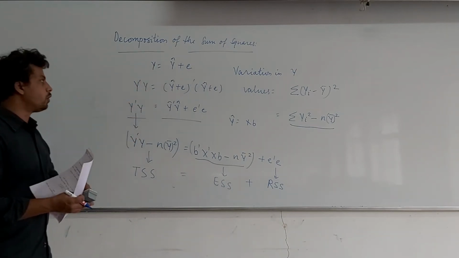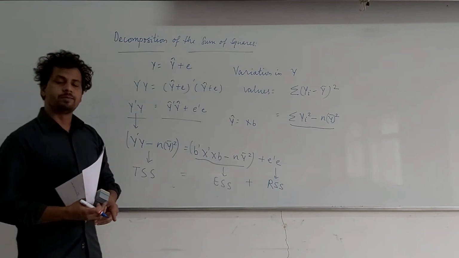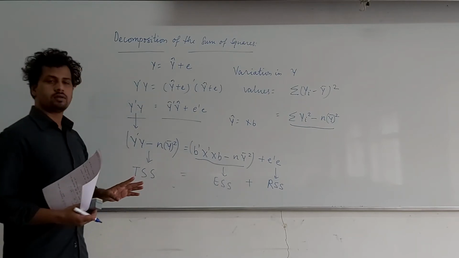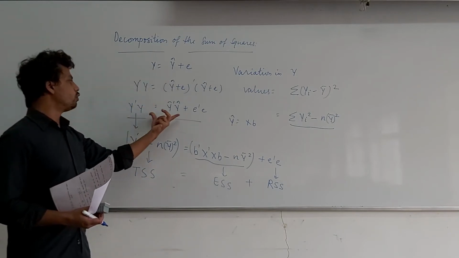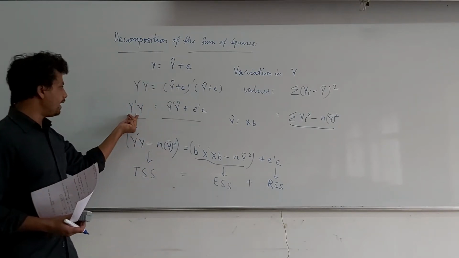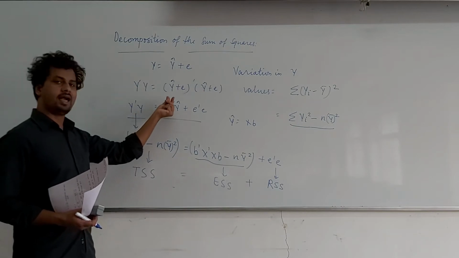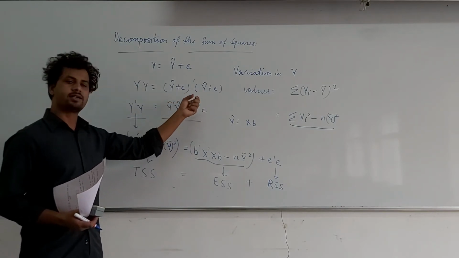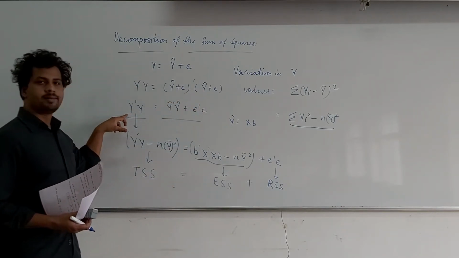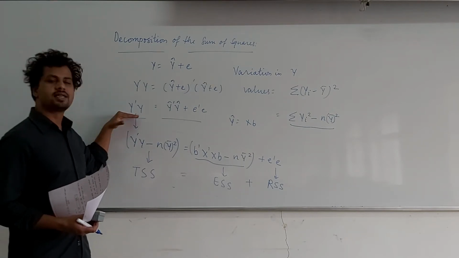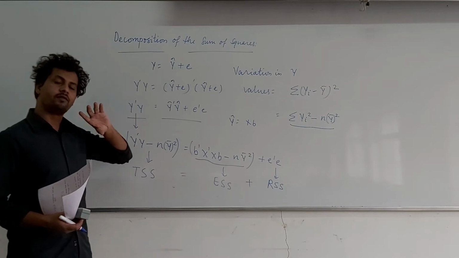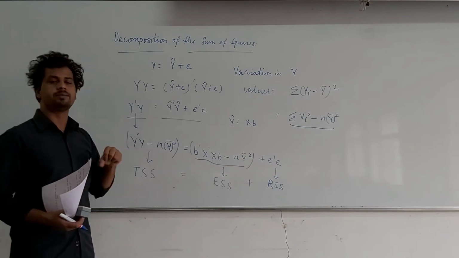Let me repeat it once more. The zero covariance between the residual values and the vector of regression values of y leads me to this expression, where y transpose y is equal to y hat transpose y hat plus e transpose e. This term is actually the sum of squared values of y. But our interest does not lie here. We want to understand the variation in y values around its mean value.